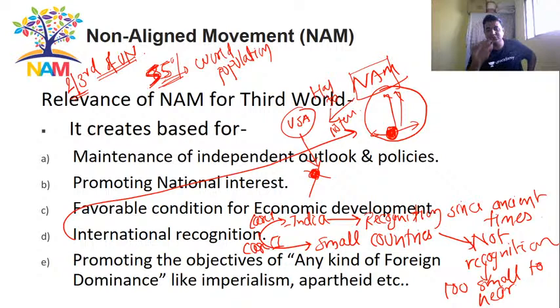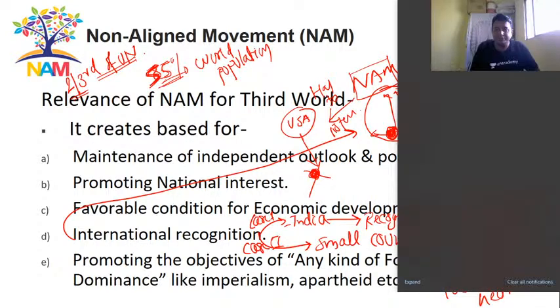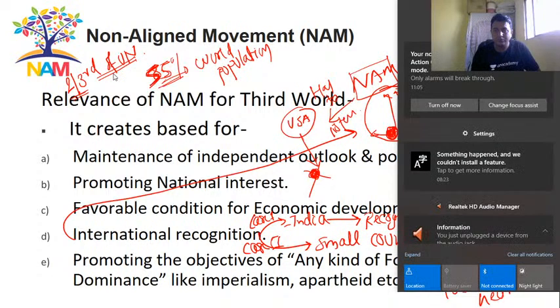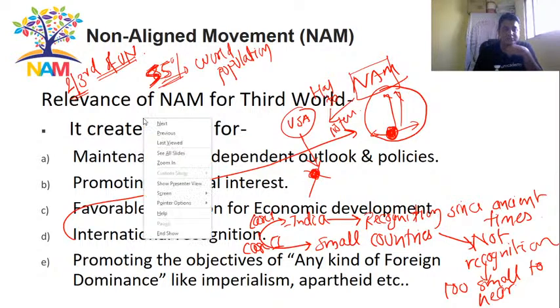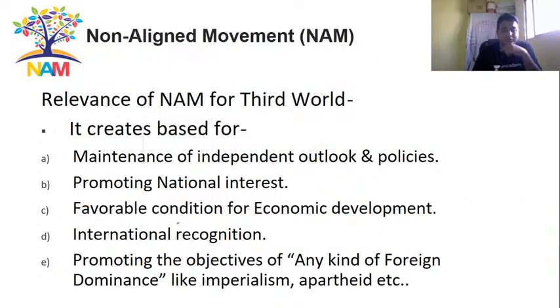So just imagine if any bloc is so popular and powerful, don't you think others are going to listen? Yes. And that's what I want to tell you. International recognition.